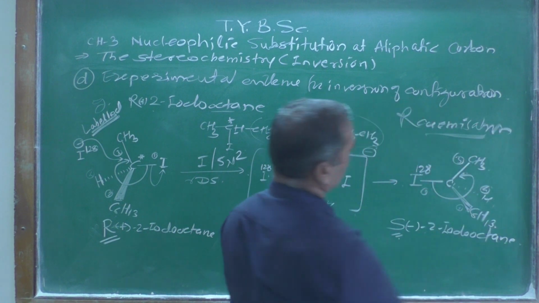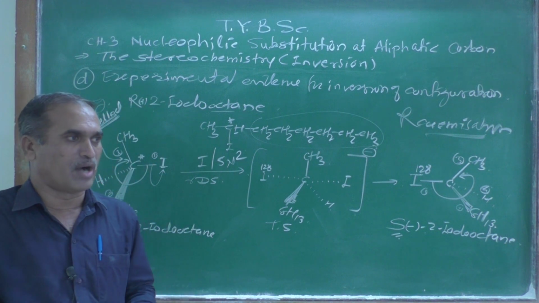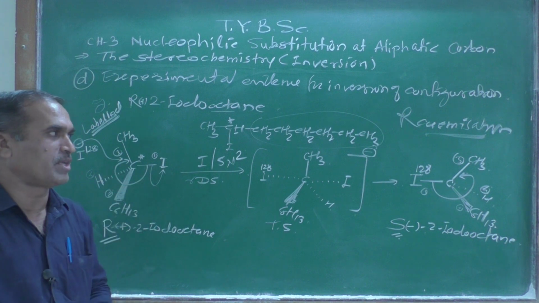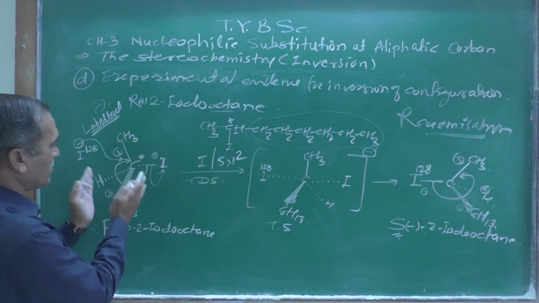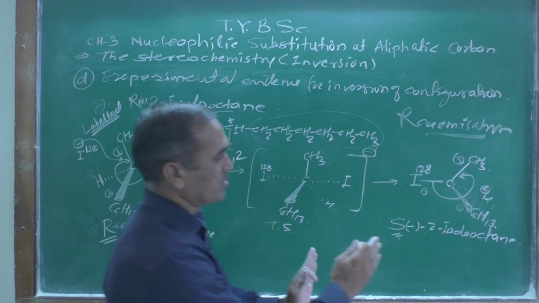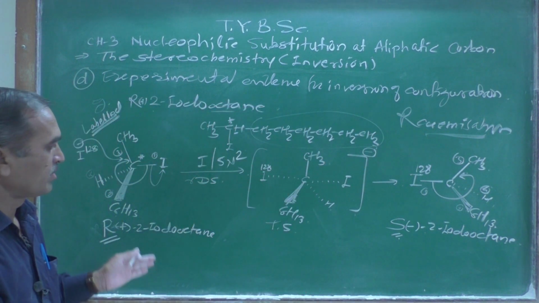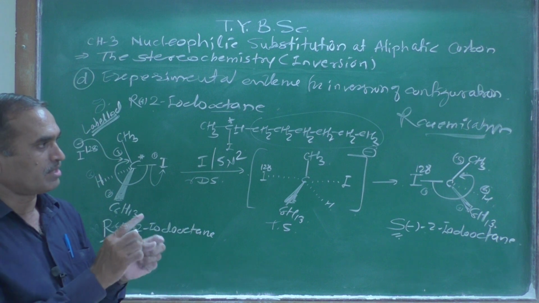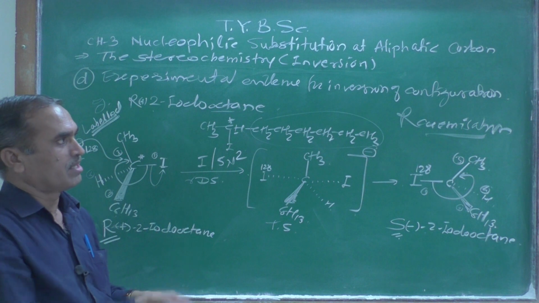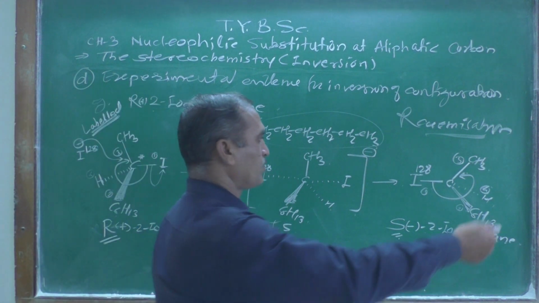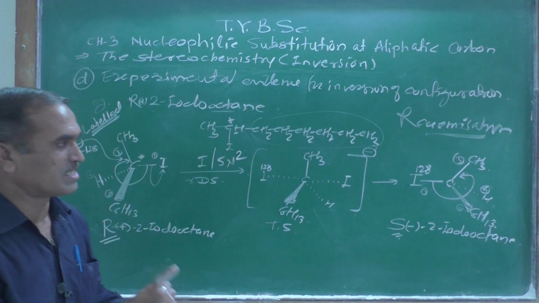Racemization, as we know, is when there are two isomers in equal amounts, and whatever mixture is formed, that mixture is known as a racemic mixture. Here this is the starting substrate and this is the end product. They are in equal proportion, and that's why one rotates the plane of polarization to the right hand side, another one rotates to the left hand side, and there will be a racemic mixture.